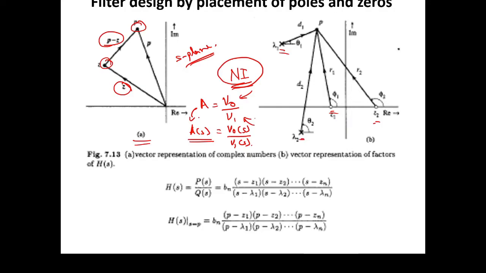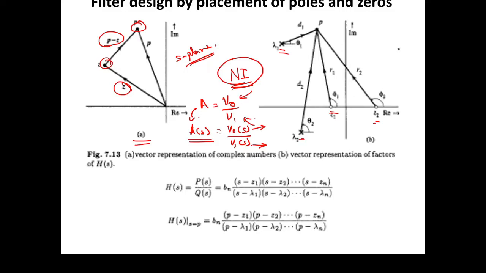Now, when we have polynomial functions, they will have some roots also, right? So we can find the roots of the denominator, and we can also find the roots of the numerator.